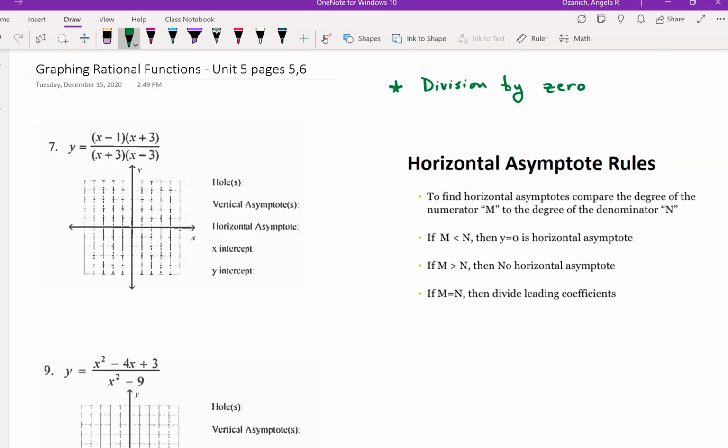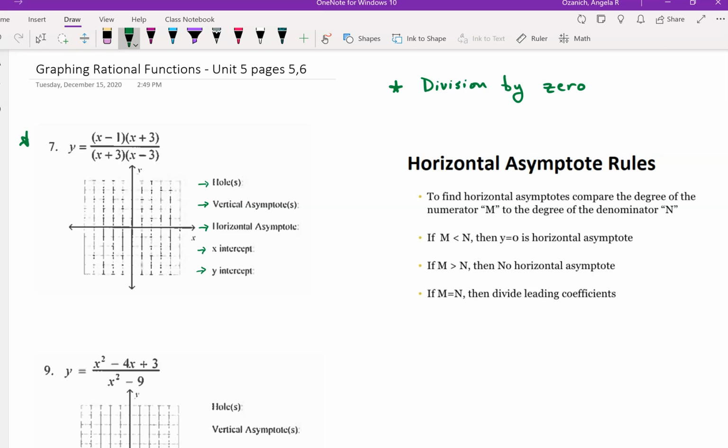If you don't already, for a particular problem, have these things listed, like what are the holes in the graph, if any, and what are the vertical asymptotes, you can abbreviate that VA, and HA for horizontal asymptote, if you would like. And then knowing the x and the y intercept are always going to be important pieces as you're trying to graph your rational function.